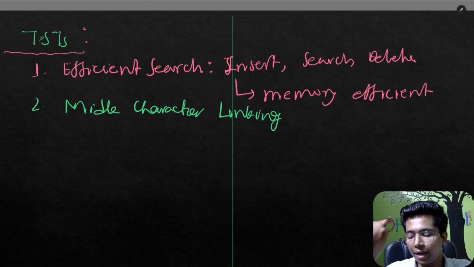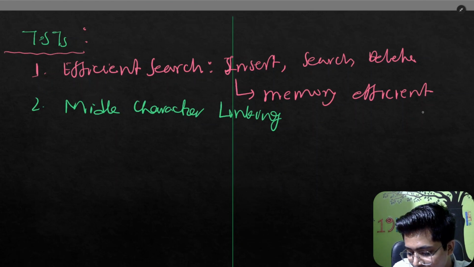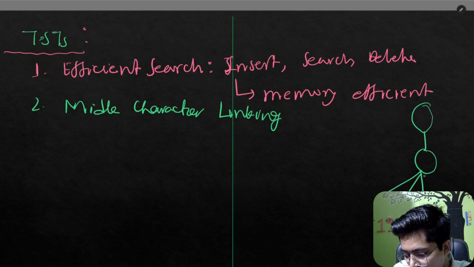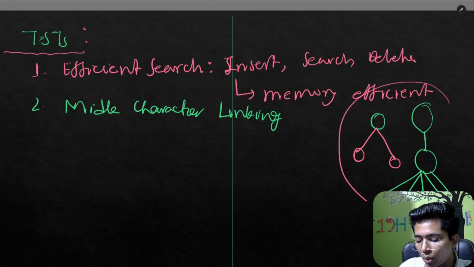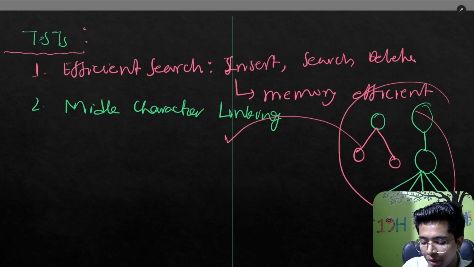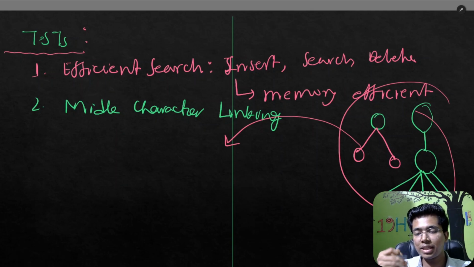As we have seen, the structure of a trie is, let's say this is our root node and there is another root, and from there lots of things are there. In a binary search tree the structure is quite different, there are only two nodes. But in a ternary search tree the structure is very different. This is a hybrid of those, that is, there is middle character linking.